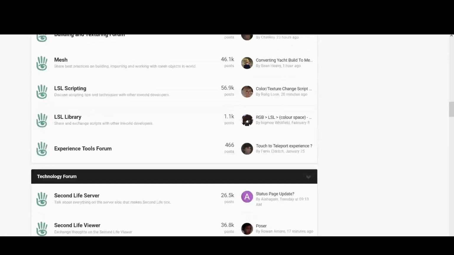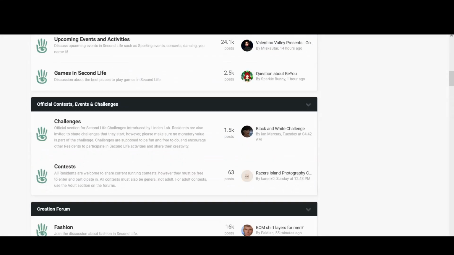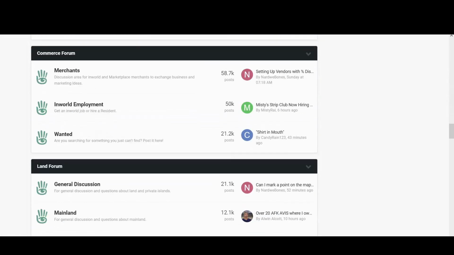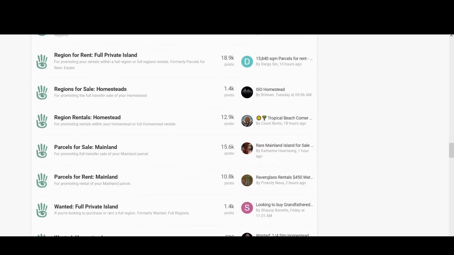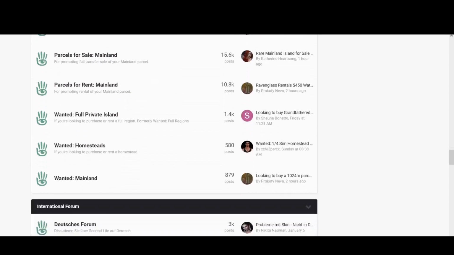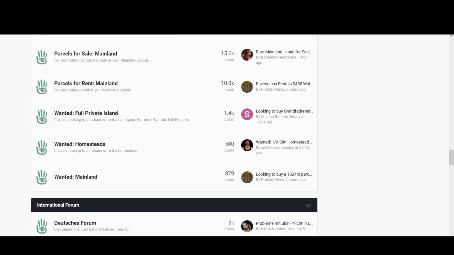Now, as you can see, there are many different tools for us to talk to each other, reach each other, connect here. But today, we're focusing on land. As you can see, there are many different designations. Just general discussion: mainland, Linden homes, regions for sale, region for rent, region for sale homesteads, region rentals, parcels for sale, parcels for rent, wanted, wanted, and wanted.